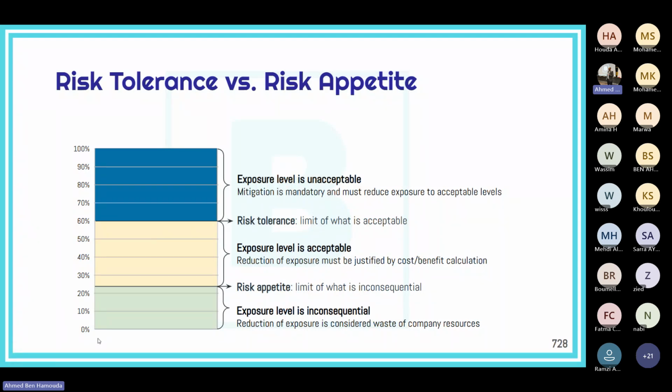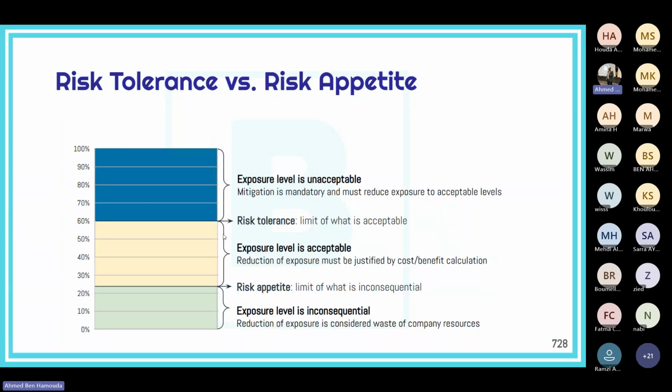When a risk is inconsequential, you definitely don't want to implement any action plans because they will just consume resources, and that's not necessary. That's called inconsequential, or the exposure level is inconsequential. So any efforts to reduce the exposure are considered a waste of the company resources.